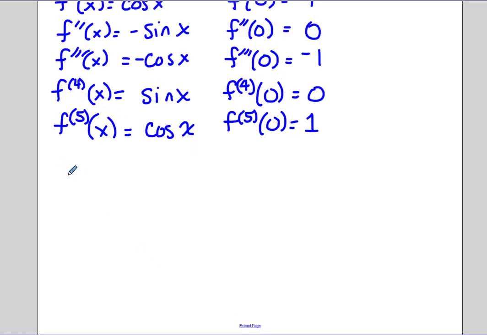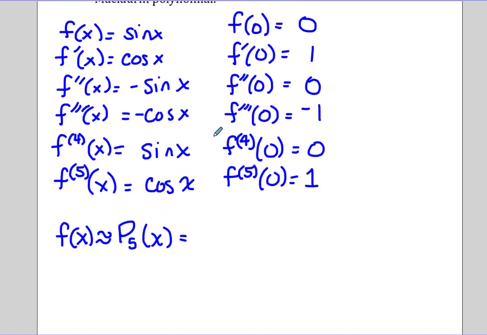We're writing a Maclaurin polynomial, which means our center is at 0. So our function can be approximated by a fifth degree Maclaurin polynomial if we use the f of x.